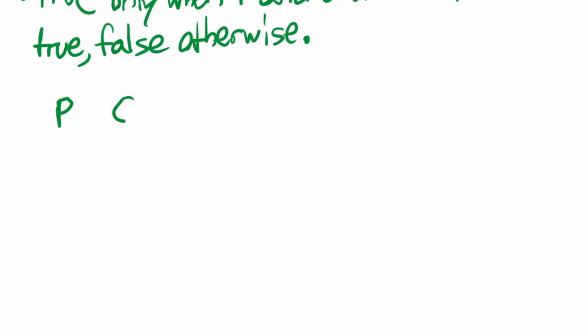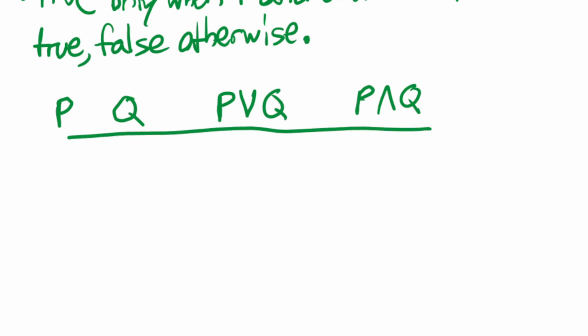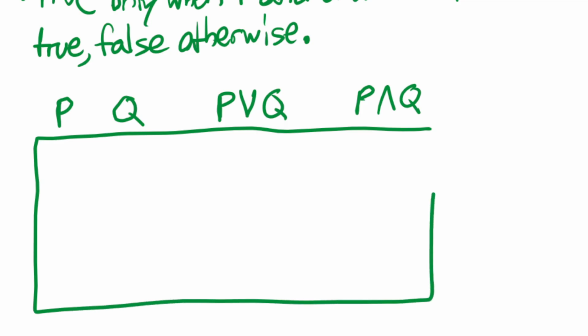So now let's build a truth table showing these two new logical operations.